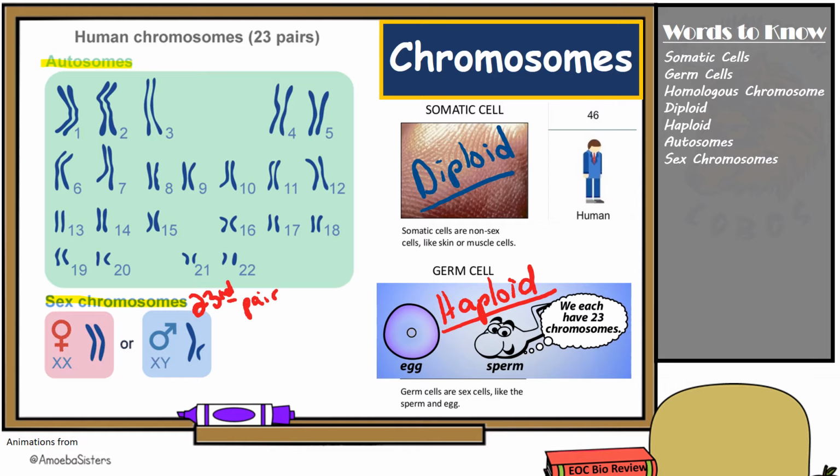Now, in mammals, including humans, an organism with two X chromosomes is a female. An organism with one X and one Y chromosome is a male. Despite the X and the Y chromosomes pairing up with each other, they're not really homologous. The X chromosome is larger than the Y chromosome. The Y chromosome is actually the smallest chromosome.